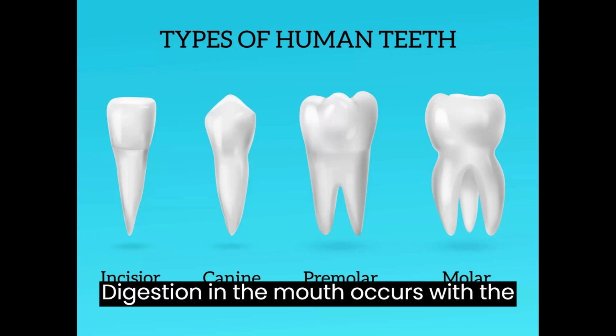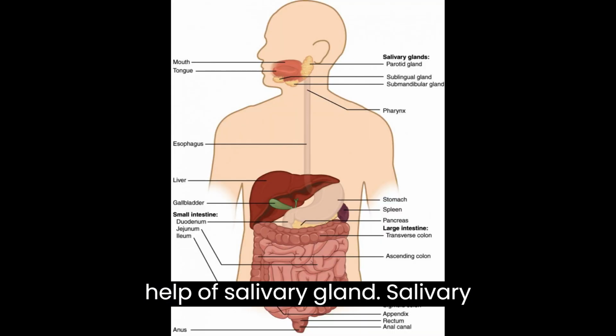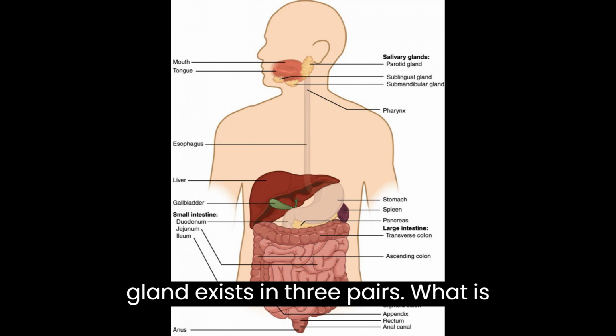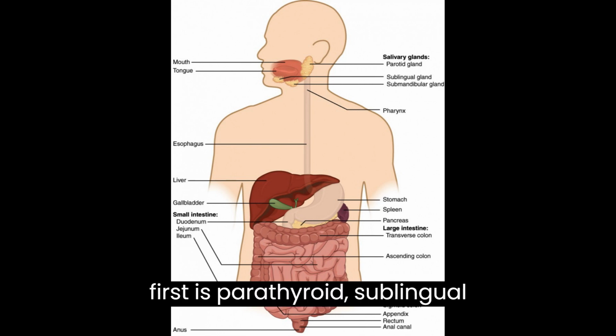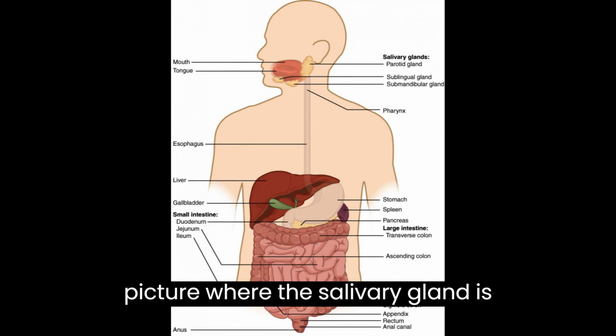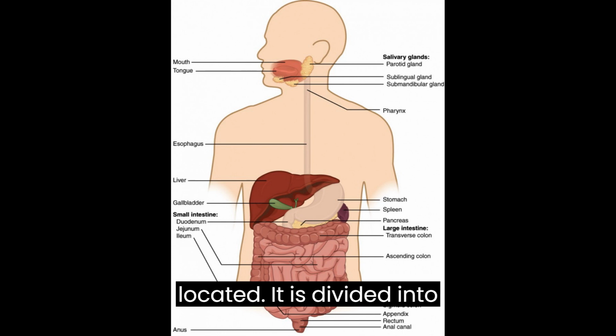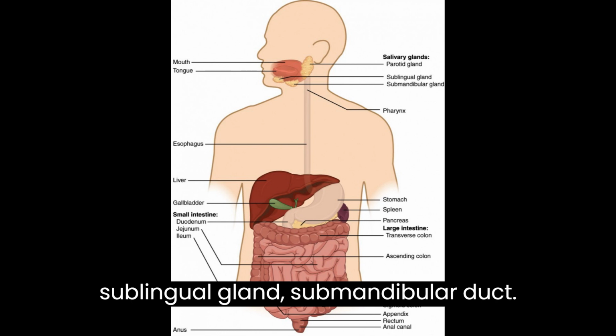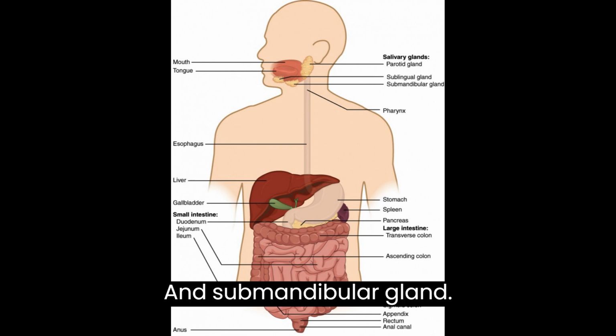Digestion in the mouth occurs with the help of the salivary glands. Salivary glands exist in three pairs: parotid, sublingual and submandibular. You can see in the picture where the salivary glands are located.